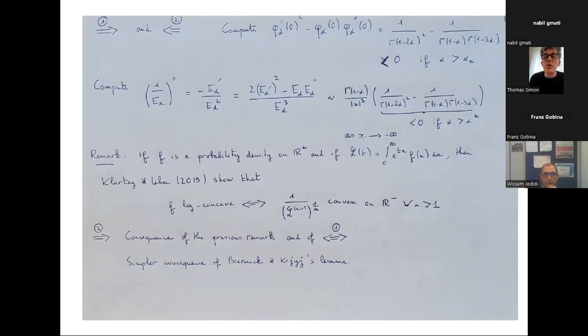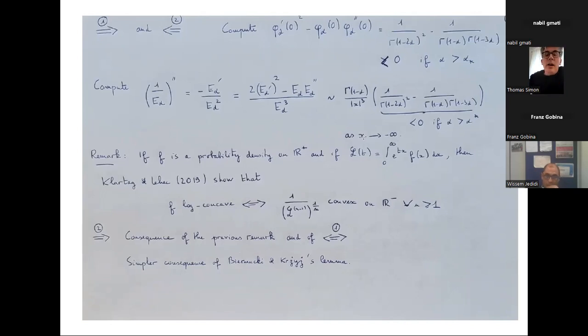So this is something which is peculiar to the Mittag-Leffler random variable, but actually there is something more lying behind. And what was a bit puzzling for me is that everything is read off at infinity for the Mittag-Leffler function. I mean, the reciprocal convexity of these powers of the moment generating function is always read off at minus infinity, actually.